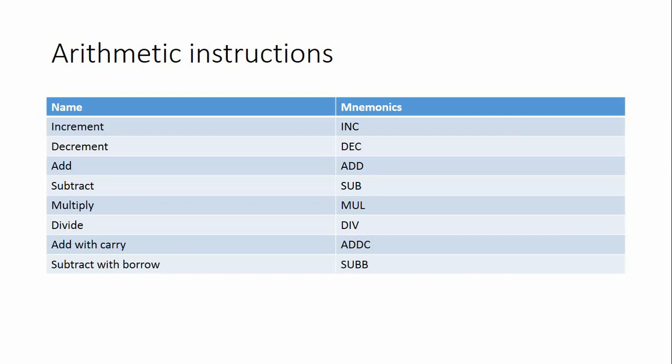This is the basic idea: what the arithmetic instructions are and what the different types of arithmetic instructions are. They also have mnemonics: increment is INC, decrement is DEC, add is ADD, subtract SUB, multiply MUL, divide DIV, add with carry ADDC, and subtract with borrow SUBB.